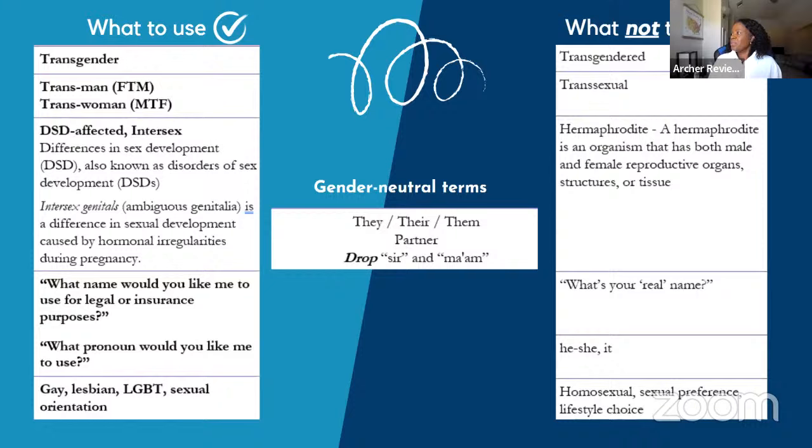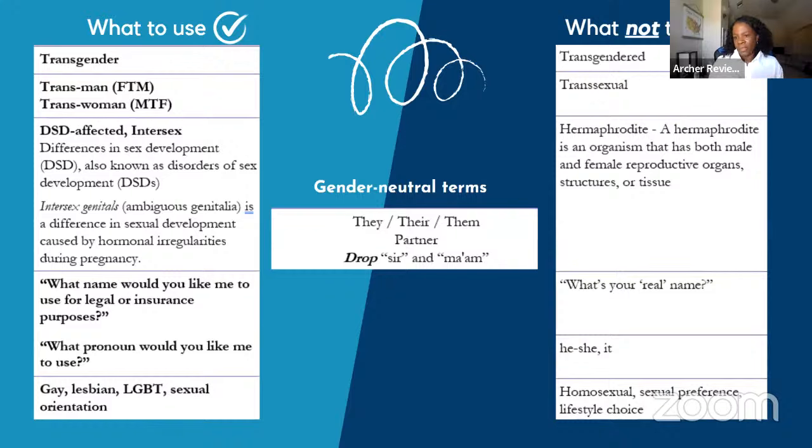Hermaphrodite is an organism where a person has both male and female organs, structures, and issues internally and externally. We don't want to use that term. It's a little offensive. And we don't want to ask people, what's your real name, as opposed to what name would you like for us to use? We try to not make things uncomfortable or hinder a patient from wanting to come back.